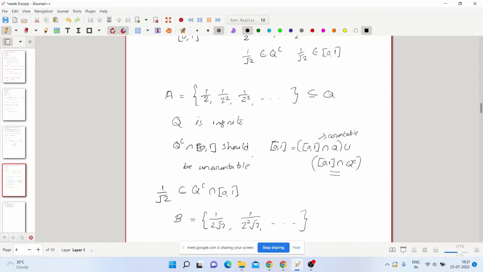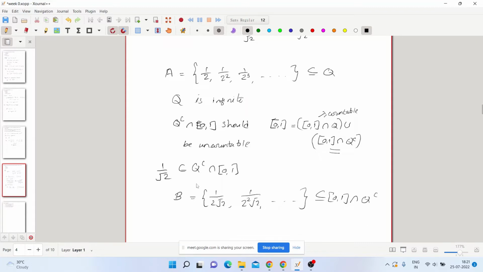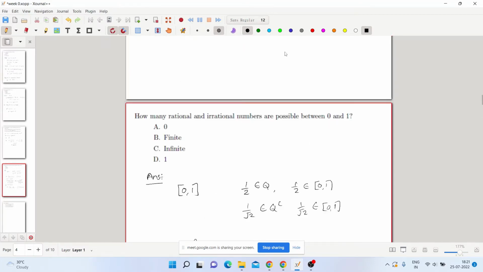So this set is a subset of closed 0 1 intersection Q complement. Since this is an infinite set, we can say that set of all irrationals in 0 1 is also an infinite set. So here the answer is all the rationals and irrationals in 0 1 form an infinite set.